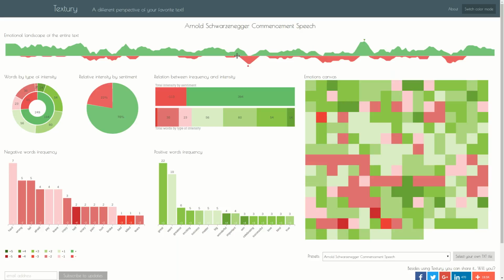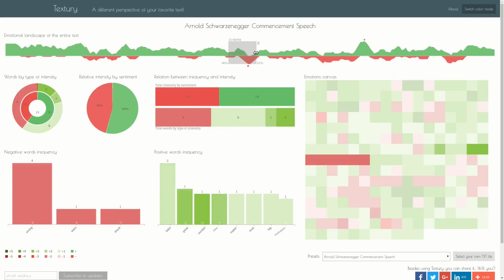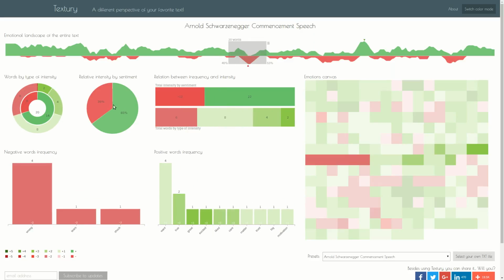But besides that, one of the interesting things is that you can select the text and see that the charts adjust, and you can see what are the negative, positive words that are used more frequently, what is the intensity of this specific selected part of text.